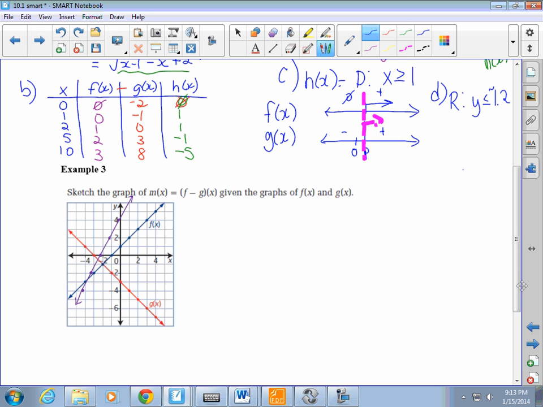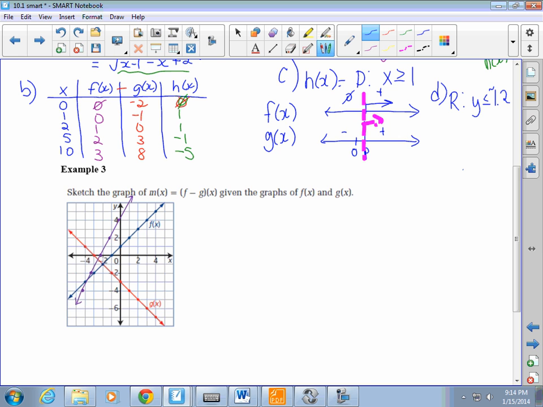Okay. Example 3 says, sketch the graph of m of x is equal to f minus g of x, given the graphs of f of x and g of x. So, let's pretend this purple line is not there, because that is my m of x graph. So what you would do is this.